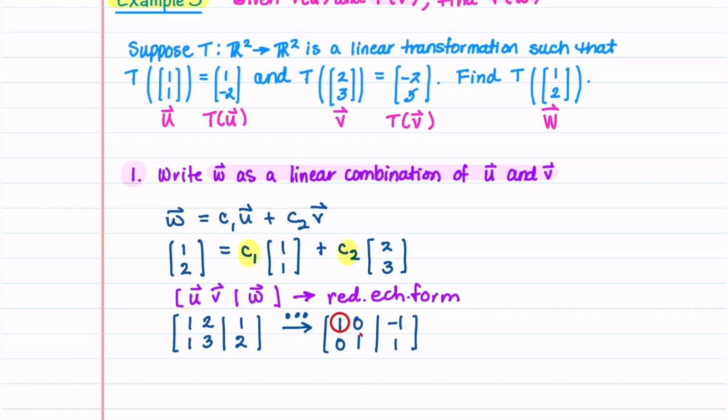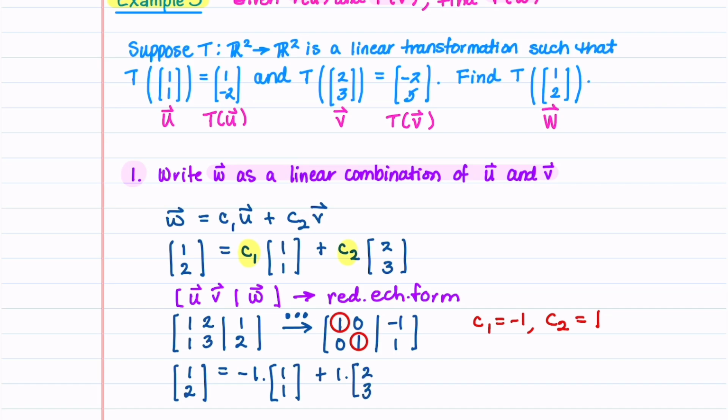If we circle our pivots, we can see that c1 is -1 and c2 is equal to 1. We can now write w in terms of u and v. We have our vector w, (1, 2), is going to be -1 times our vector (1, 1) plus 1 times our vector (2, 3).